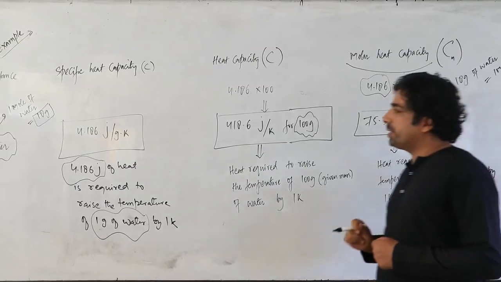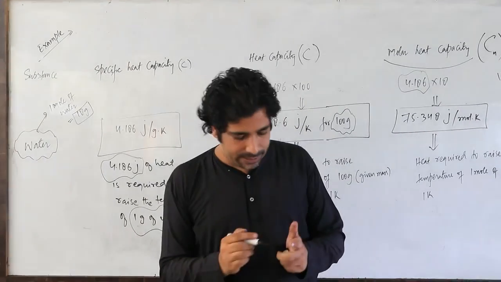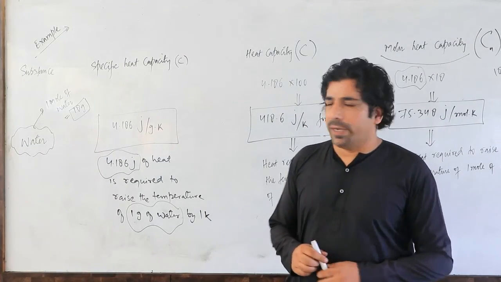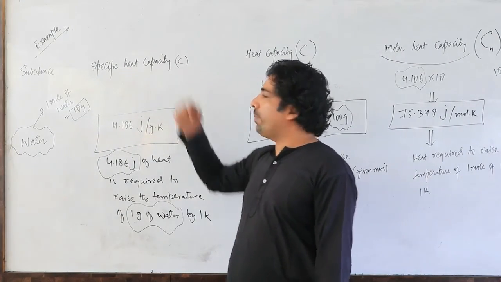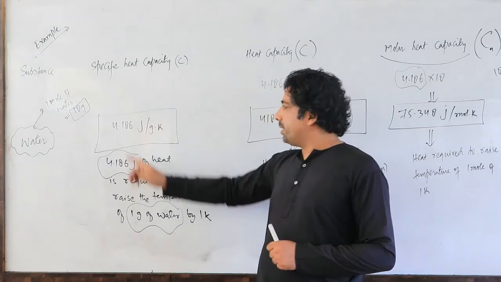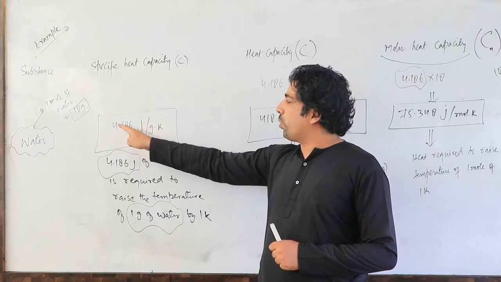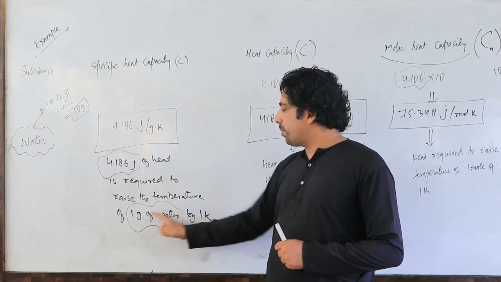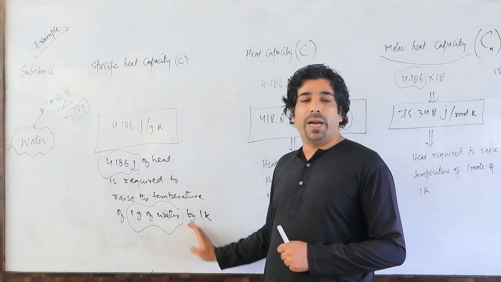So my dear friends, I hope you have understood. Yes, so please make note of this. So dear friends, this is the specific heat capacity. And this was the amount of heat: 4.186 joules of heat is required to raise the temperature of 1 gram of water by 1 degree Celsius.